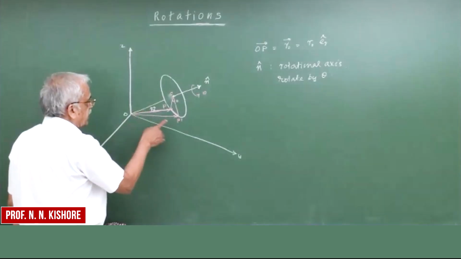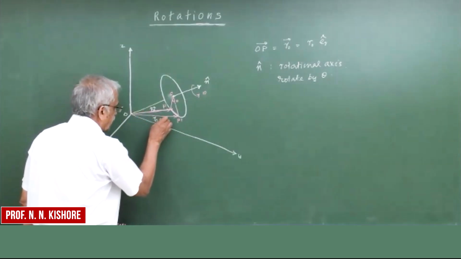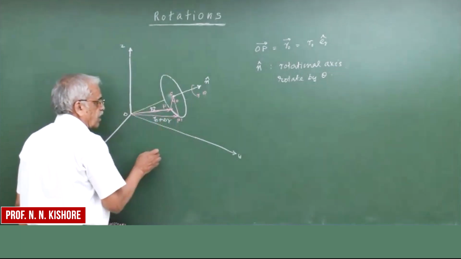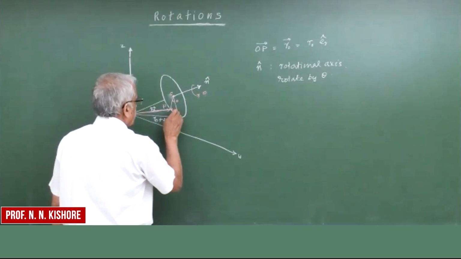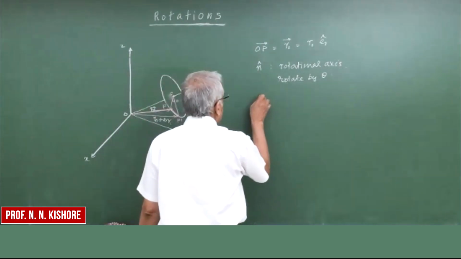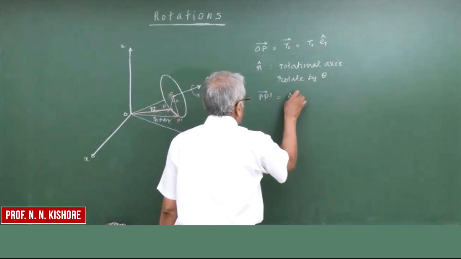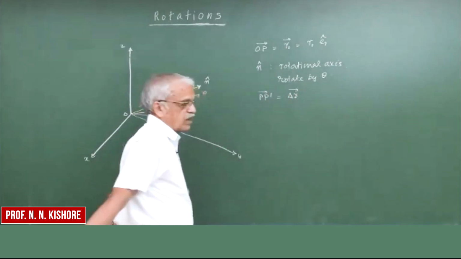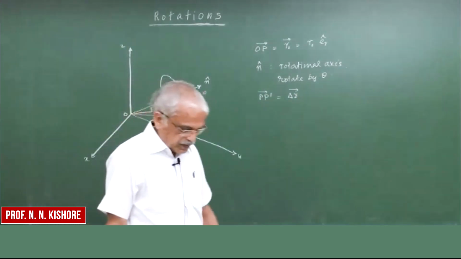So OP prime is R naught plus delta R. Let me call it delta R. And so PP prime is delta R, that is the change in the vector, PP prime, right?